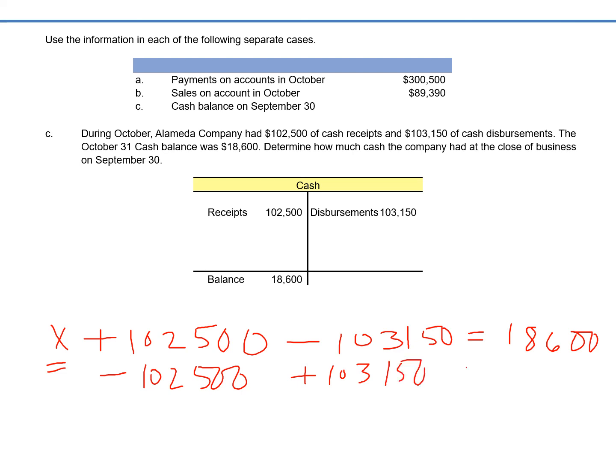which means we subtract 102,500 from this side as well, and we add 103,150 to this side.